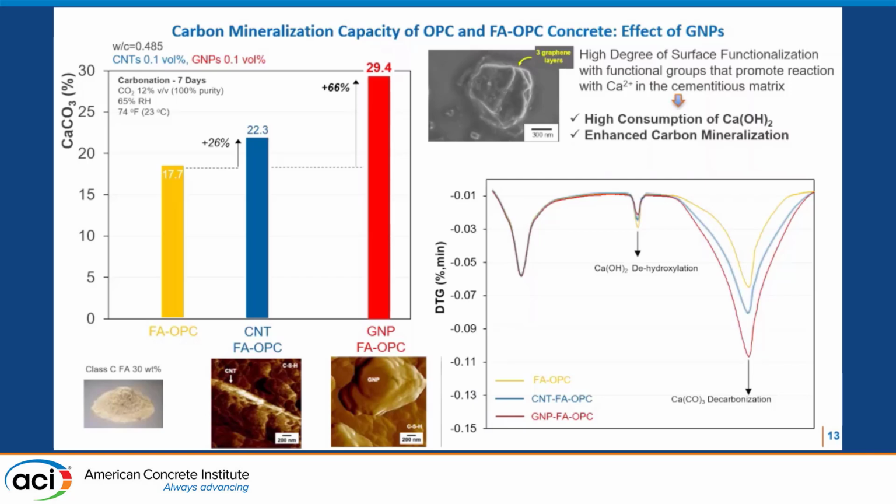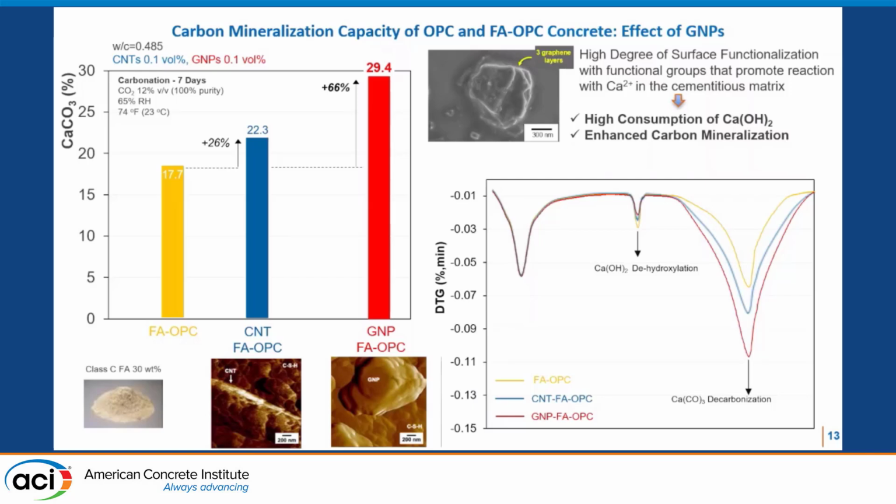Therefore, it significantly enhances the capability of the cementitious system for mineralization. And though carbon nanotubes can do a wonderful job, graphene outperforms the 1D structure materials due to its unique 2D structure.